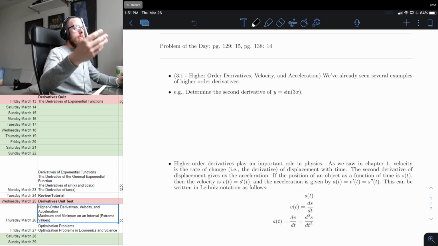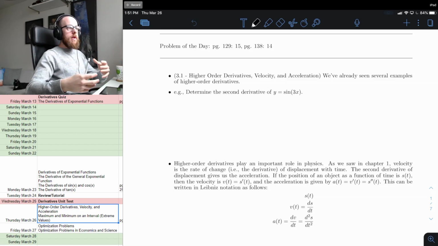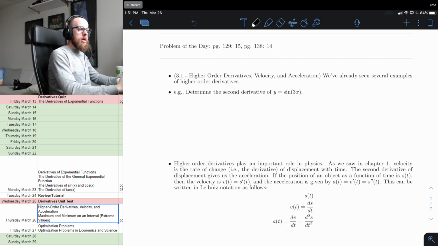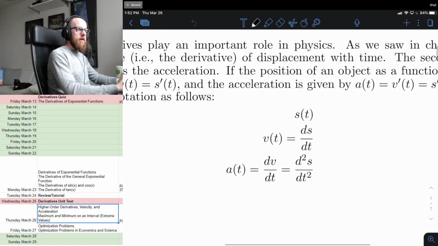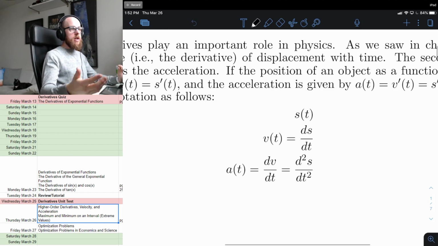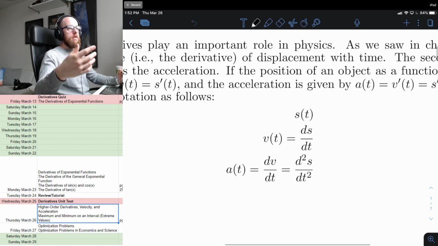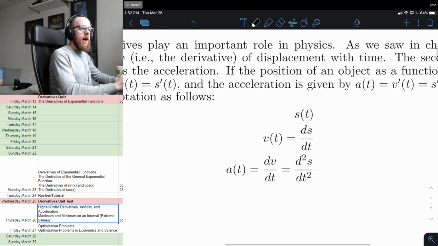So you can build up a first derivative and a second derivative. And as we'll see, this has some pretty immediate applications to physics. In physics, we define the position, and then the velocity is the first derivative of position, and the acceleration is the derivative of velocity, which means acceleration is the second derivative of position.